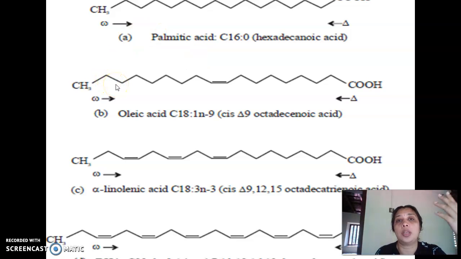That is, in other words, the body requires omega 3 and omega 6 fatty acids. Omega 3 means there is a double bond on the 3rd position with respect to the methyl group. With respect to the methyl group, the numbering should start from this position, that is 1, 2, 3.